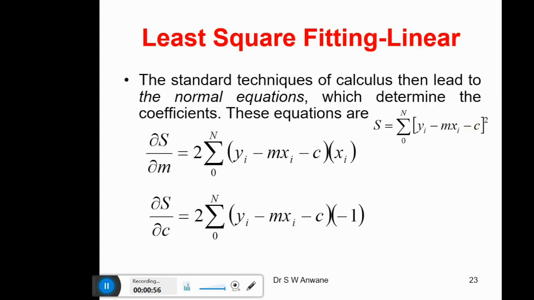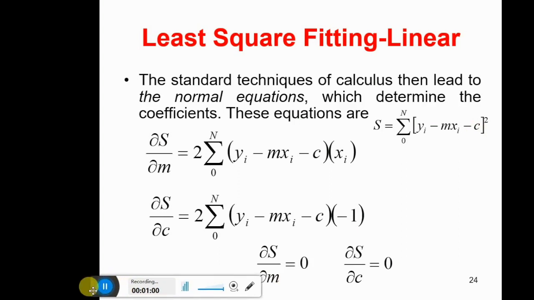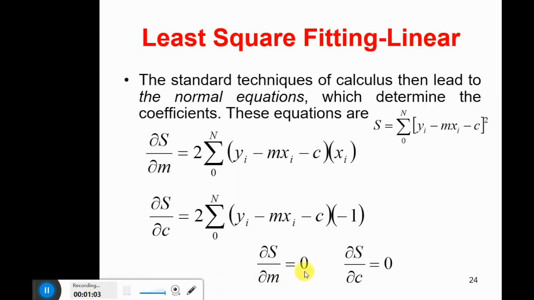So these are the two equations, and now we are interested in comparing these two equations with 0, because we are putting a condition that the least square parameter capital S, when differentiated with respect to m and c, should vanish. So it should have a minimum, and that minimum will offer us the best fit.